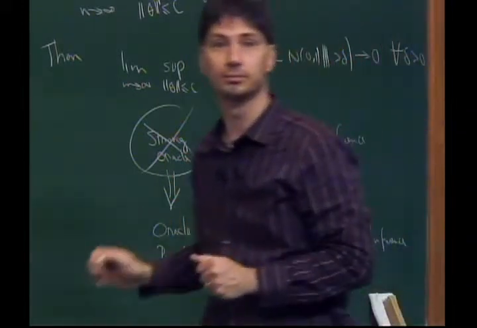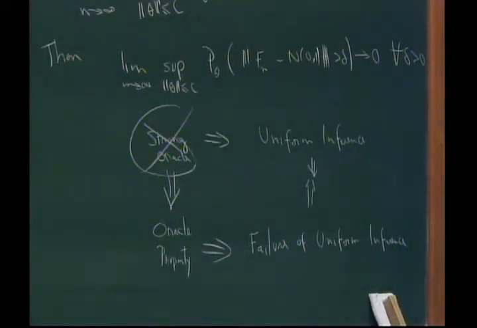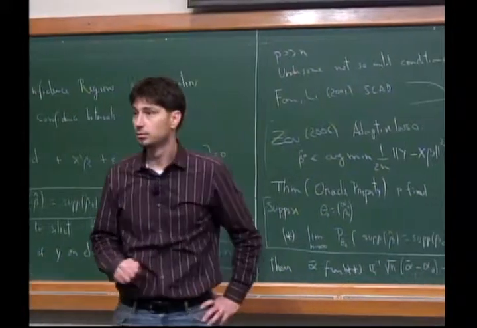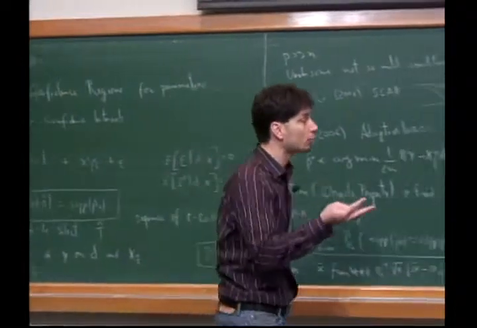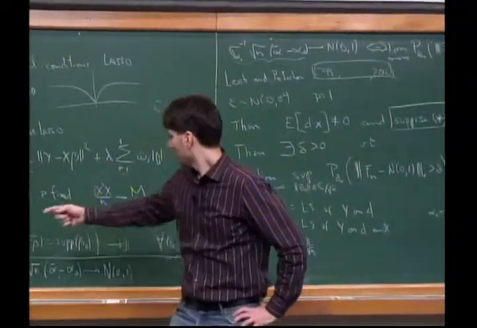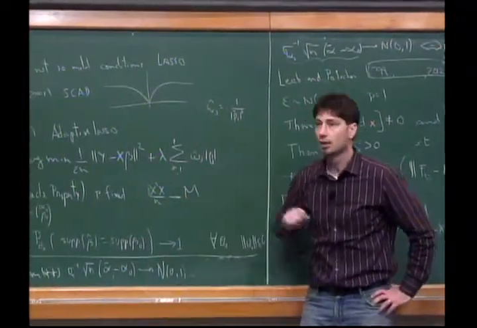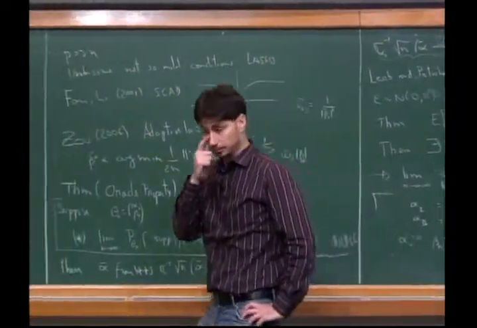That gets out of the window. So if you want really uniformly valid confidence regions, you need to let go of the oracle property. It's an if and only if procedure. So that's what is called the oracle property, the perfect model selection.